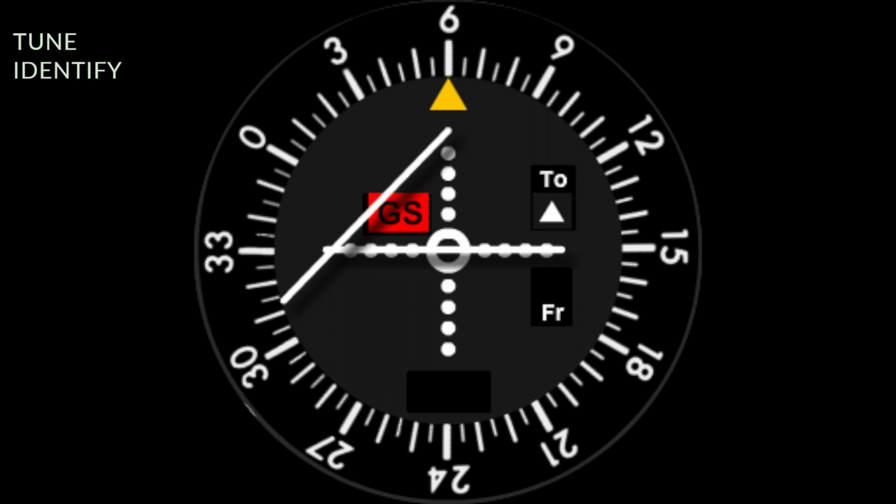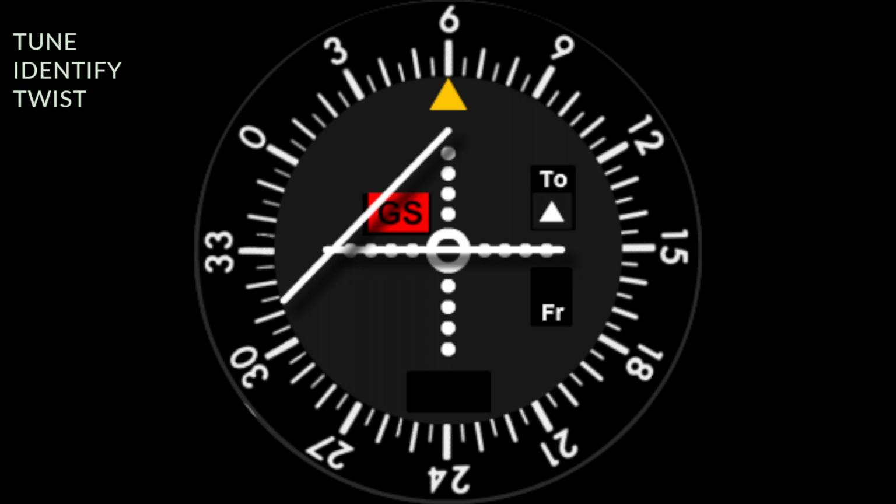So now that we've tuned into the VOR and identified it, it's time to get going along radial 240. Now, twist the OBS so that the desired track is right above that yellow pointer. It's important to remember you always have to twist to track. Okay, I'm going to say that again. Twist to track.